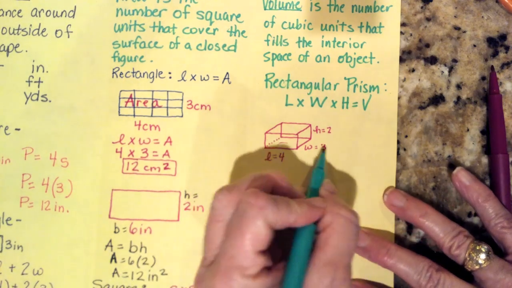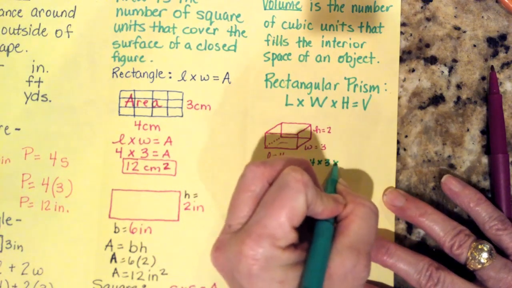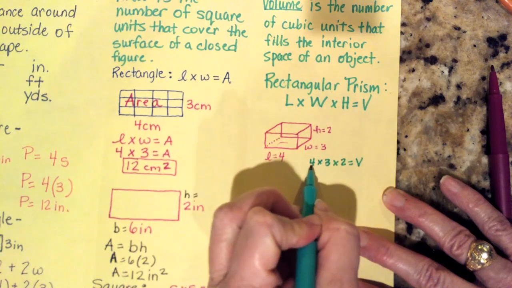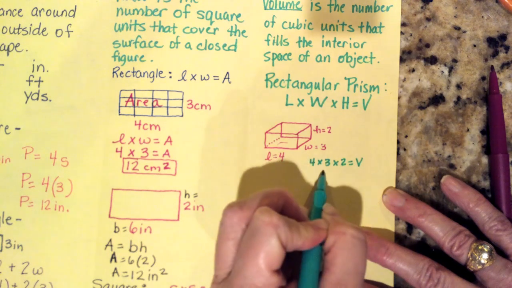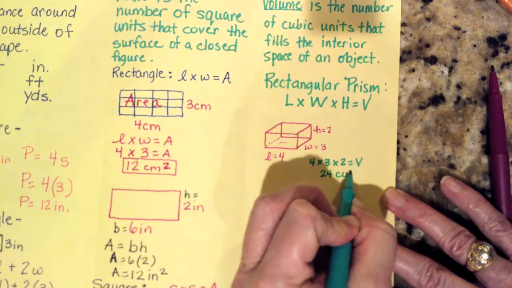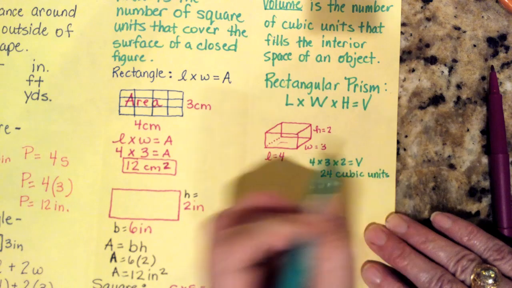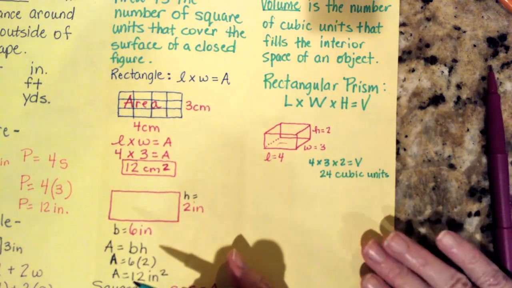All you have to do is multiply them together. So we can say 4 times 3 times 2 is going to give us the volume. And 4 times 3 is 12. And 12 times 2 is 24. And so then we get 24 cubic units, because it's 24 little cubes that would fill up the inside of this space.